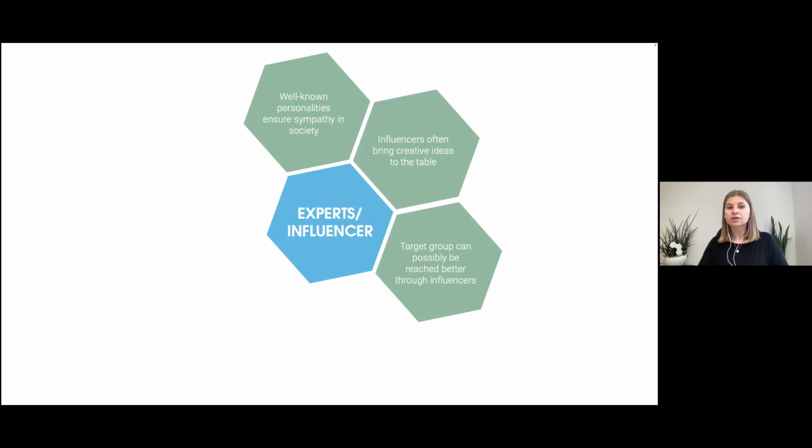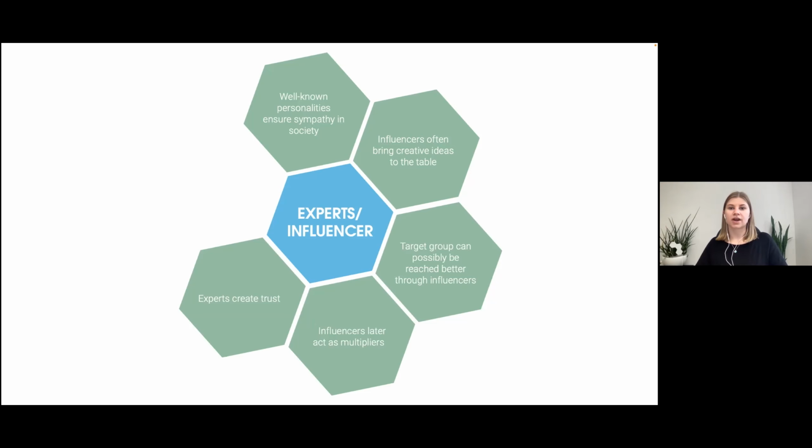Also, the target group can possibly be reached better through influencers because they have their followers, they have their fans, whom you can, of course, address because you usually have the same target group. That's why influencers can later act as multipliers for your content marketing. So when they publish, it's pretty common that their followers will publish your campaign as well.